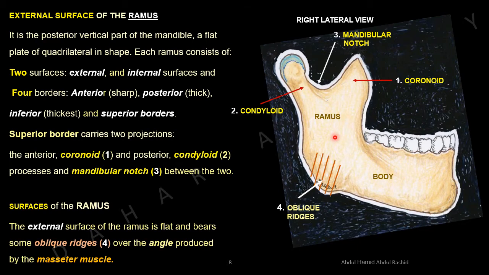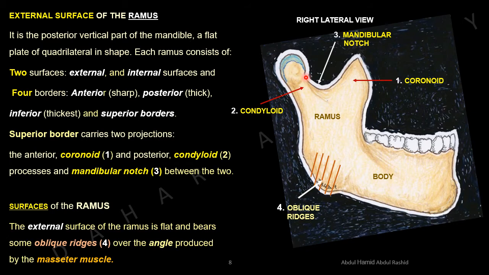Each ramus consists of two surfaces, external and internal, and four borders: the anterior border, which is sharp; the posterior border, which is thick; the inferior border, which is thicker; and the superior border is here.